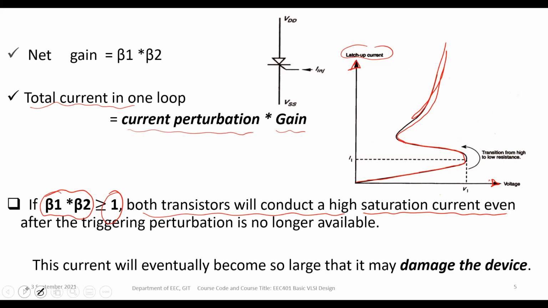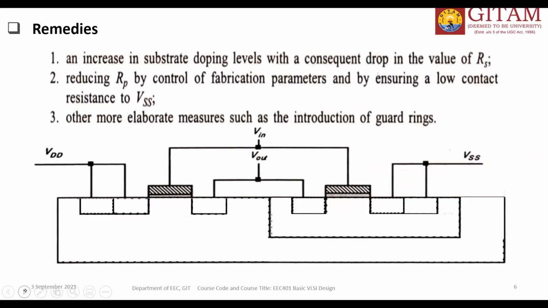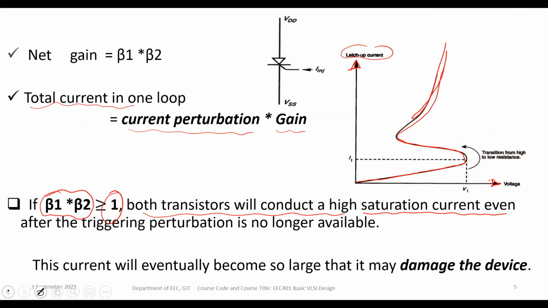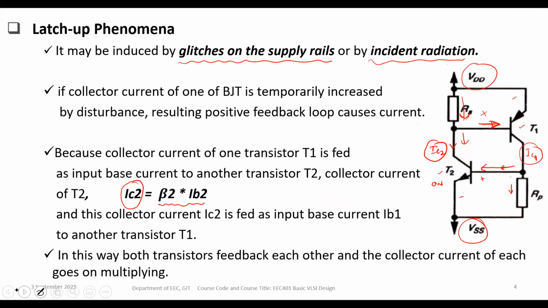So we have to reduce this problem. In spite of the power consumed by the CMOS device being less, this is a problem, and we need to solve it. How do we solve this problem? Very importantly, we have to reduce the resistance values of this one. If you reduce the resistance value, the drop across this is reduced, and that drop may not be sufficient to activate this transistor.